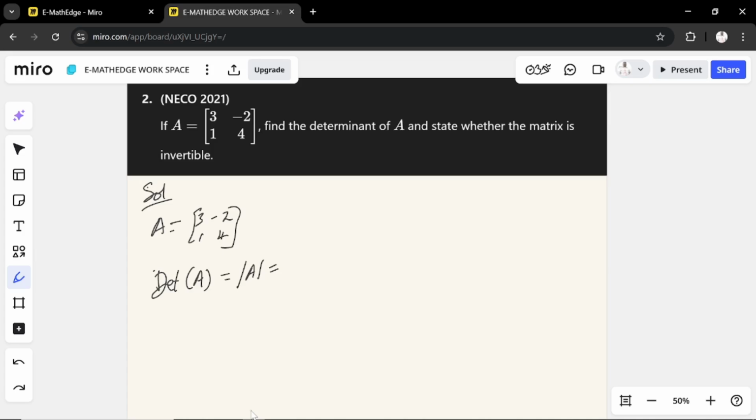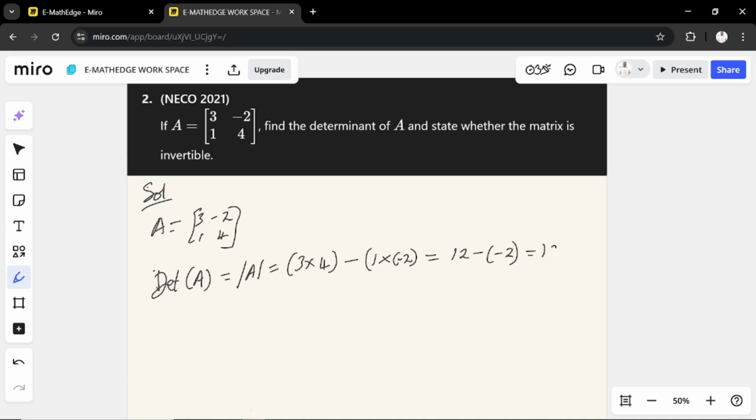Determinant A is therefore going to be the product of the elements in the main diagonal, 3 multiplied by 4, minus the product of the elements in the other diagonal, which is 1 and minus 2. So it's going to be the product of 1 and minus 2, right? Let's simplify further. 3 multiplied by 4 gives us 12, minus 1 multiplied by minus 2, which gives us minus 2.